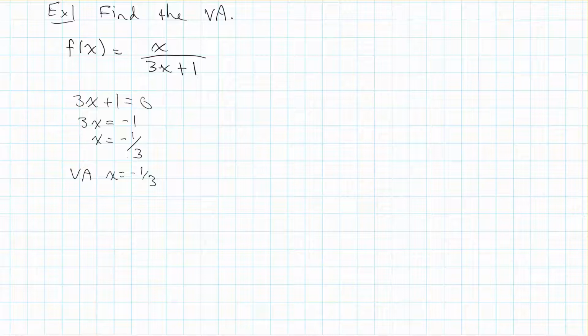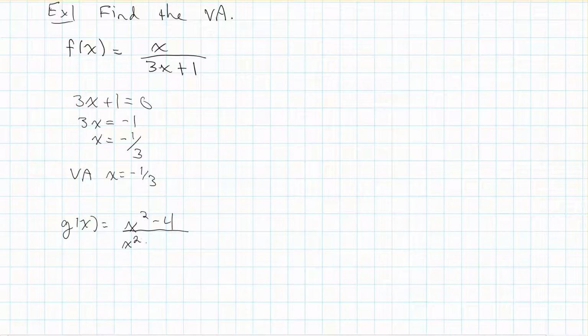Now, you might be saying, well, can't I just plug in and see whatever makes the denominator 0, and those are my vertical asymptotes? And the answer to that is no. You can't do that because, as I said, you have to have it simplified down as much as possible. And an example to illustrate this, let's look at g of x is equal to x squared minus 4 over x squared plus 3x plus 2.